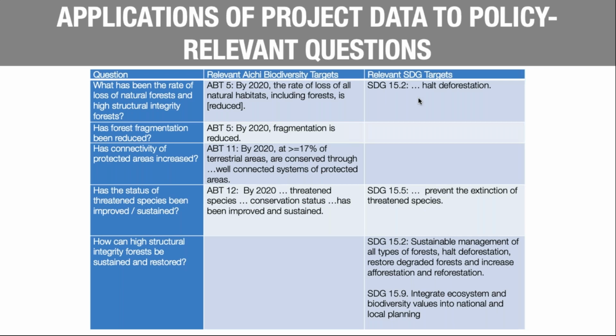For example, answering the question, what has been the rate of loss of natural forests and high structural integrity forests, can help your country to monitor progress towards both ABT 5 and Sustainable Development Goal 15.2.